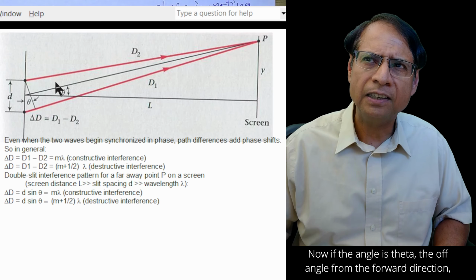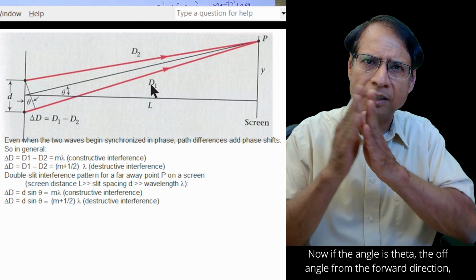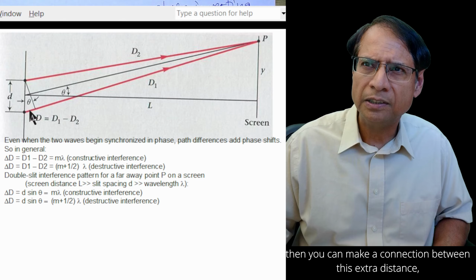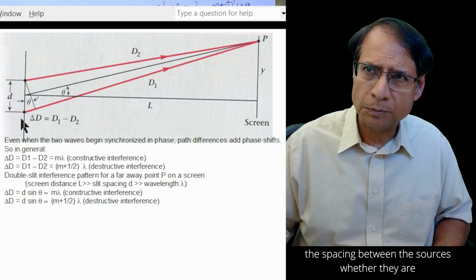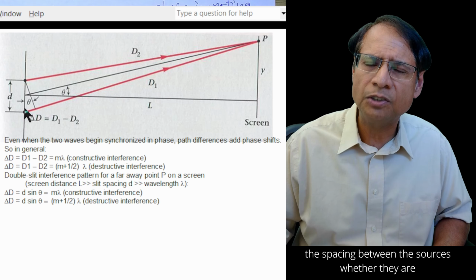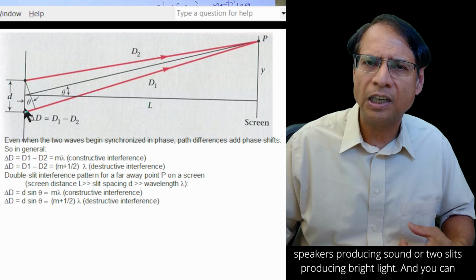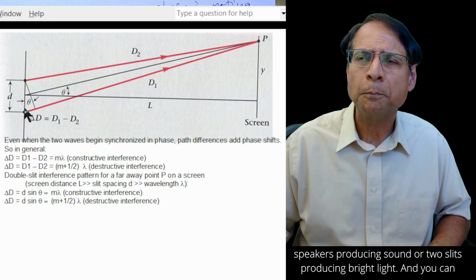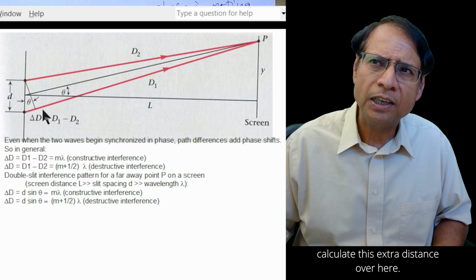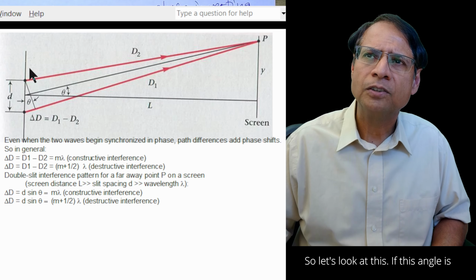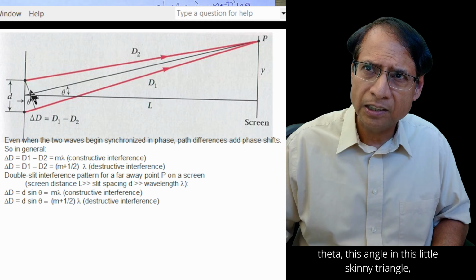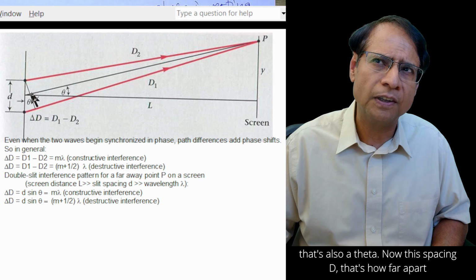Now, if the angle is theta, the off angle from the forward direction, then you can make a connection between this extra distance, the spacing between the sources, whether they're speakers producing sound or two slits producing bright light, and you can calculate this extra distance over here. So let's look at this. If this angle is theta, this angle in this little skinny triangle, that's also a theta.